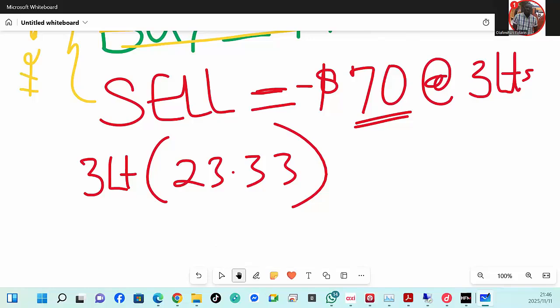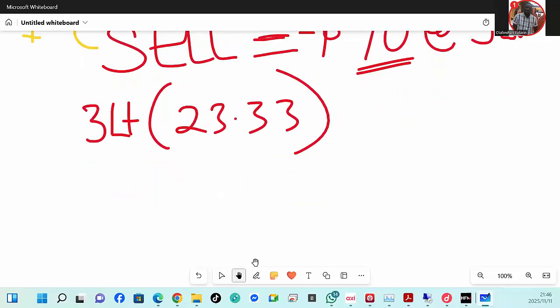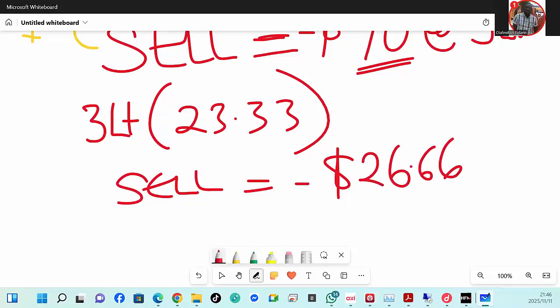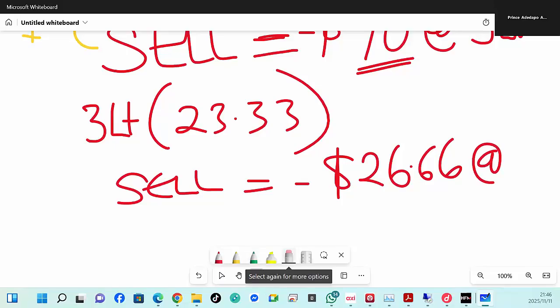When we trim, the sell will become 70 minus 23.33, guys. 70 minus 23.33 is 46.666.